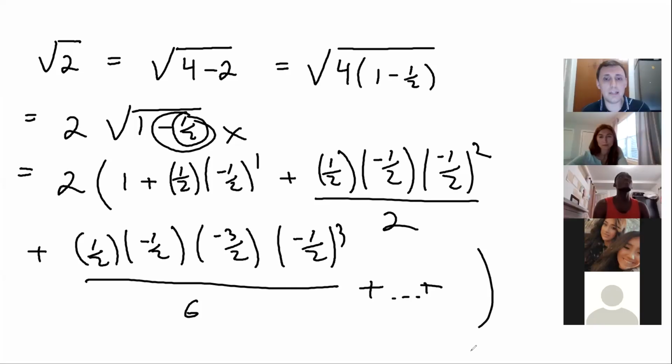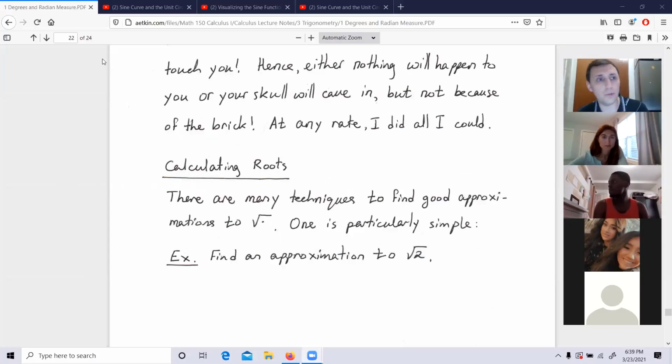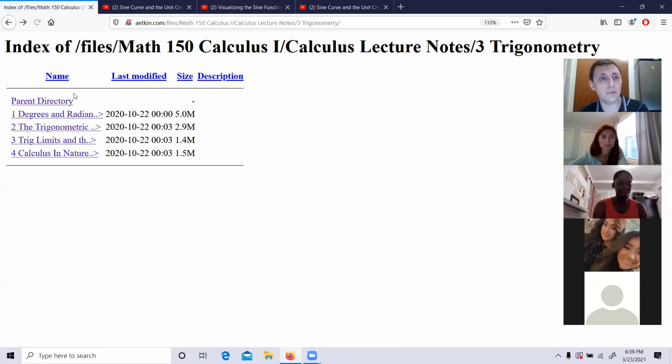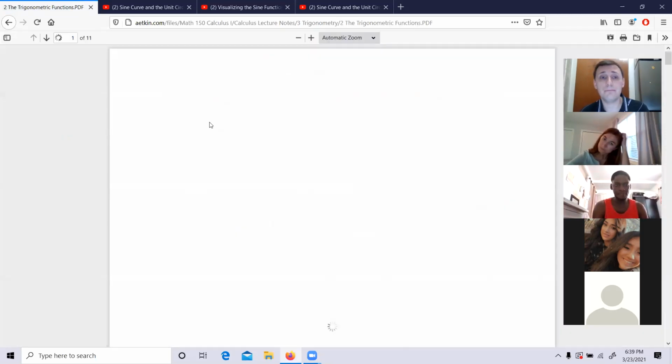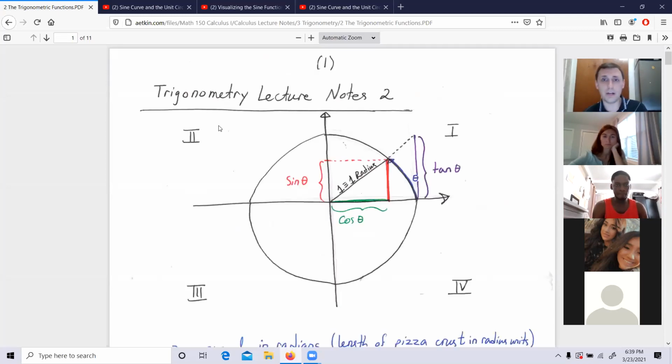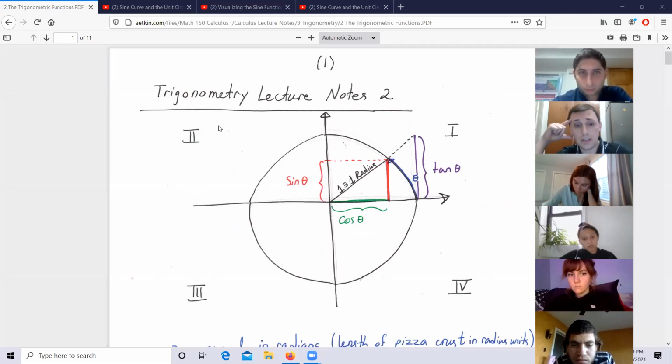All right, and then we are now ready to move to trigonometry, guys. Let's see how good you remember your trig, the trigonometric functions. Here we are. So trigonometric functions will be measured in radians, guys.